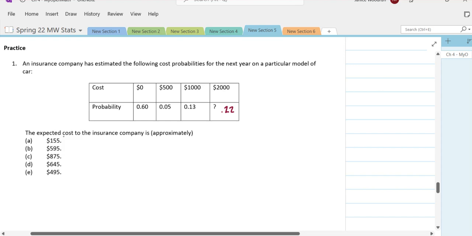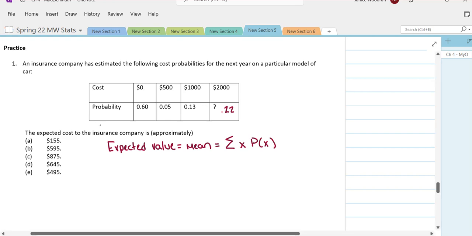Okay, because all the probabilities have to add to 1. And then the expected cost is the expected value. And the expected value is just the mean. So expected value equals the mean, which is the sum of x times p of x. So we need to do x times p of x.